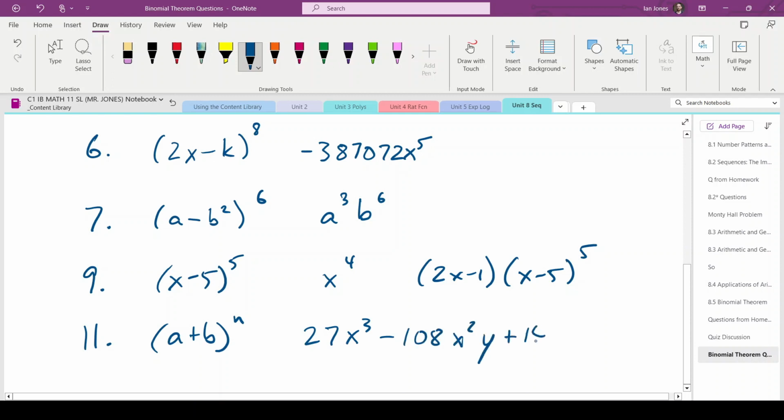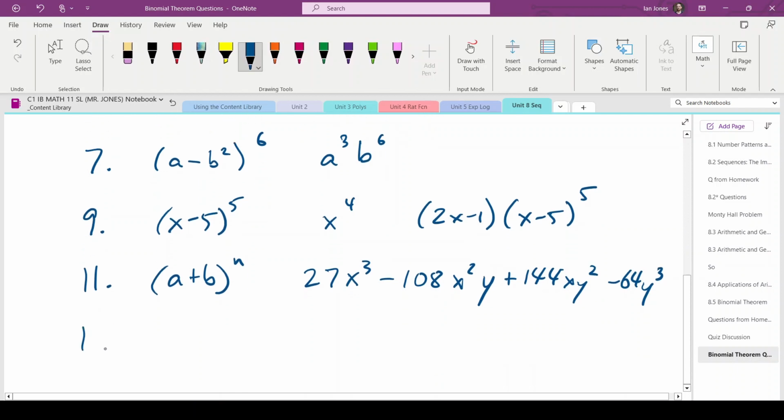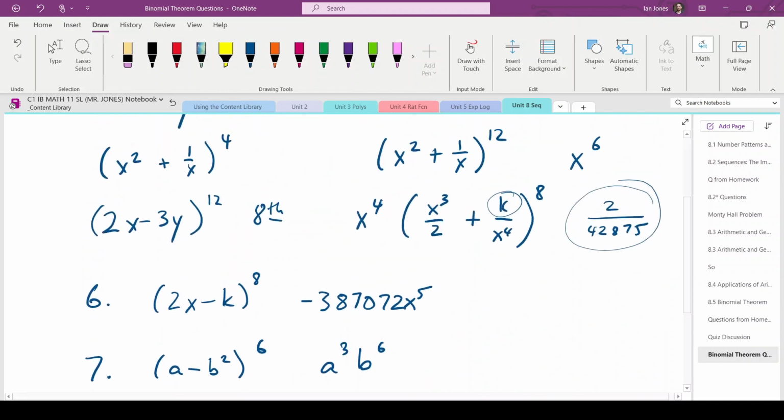And last but not least, I am going to do number 12 in the same homework set, which asks us to prove that n choose 0 plus n choose 1 plus carrying on all the way up to n choose n equals 2 to the n. So you may want to watch all of this.